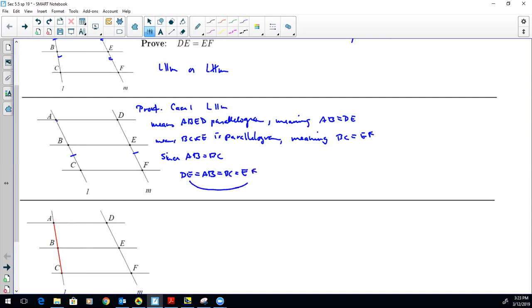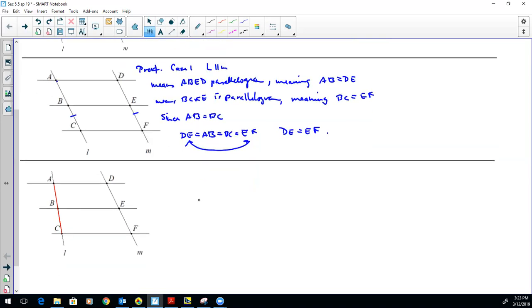So these two things are equal, which is actually an application of, I guess, the transitive property a couple of times. Okay, that's the easy one. When they're parallel, that's easy.